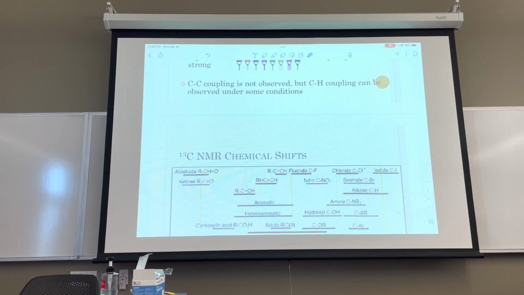So the thing to remember here is that the same things that affected chemical shift in proton NMR will affect chemical shift in carbon NMR.